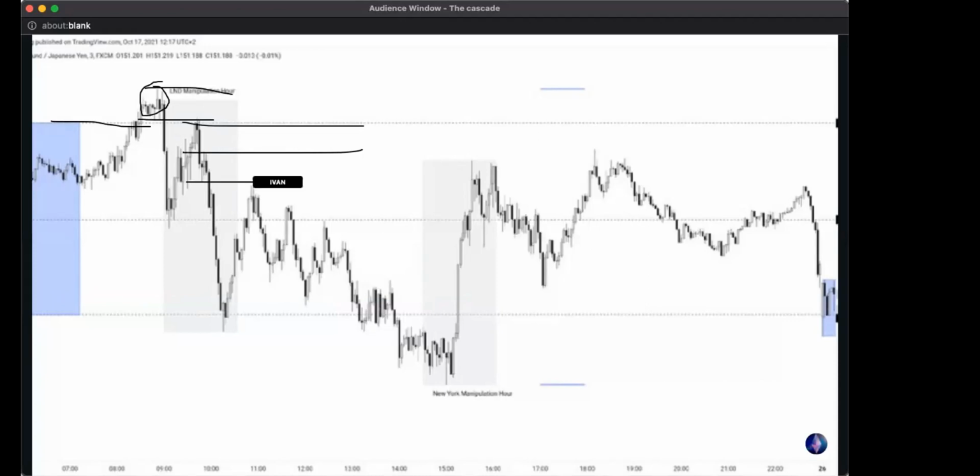Every supply and demand is respected after the price cleared the liquidity, right? But not any kind of liquidity. We need to clear the timing's liquidity, the session liquidity. You understand that? Even here we got reversal because price cleared out Asia low.